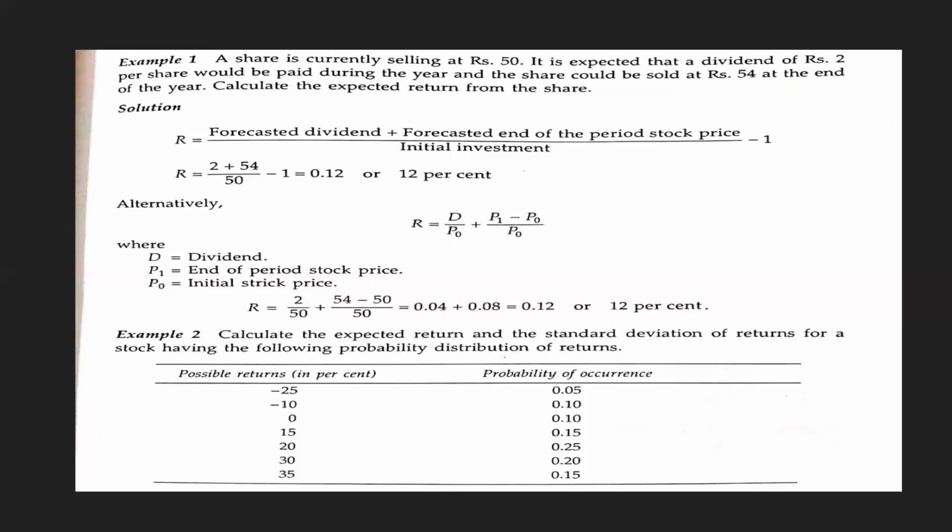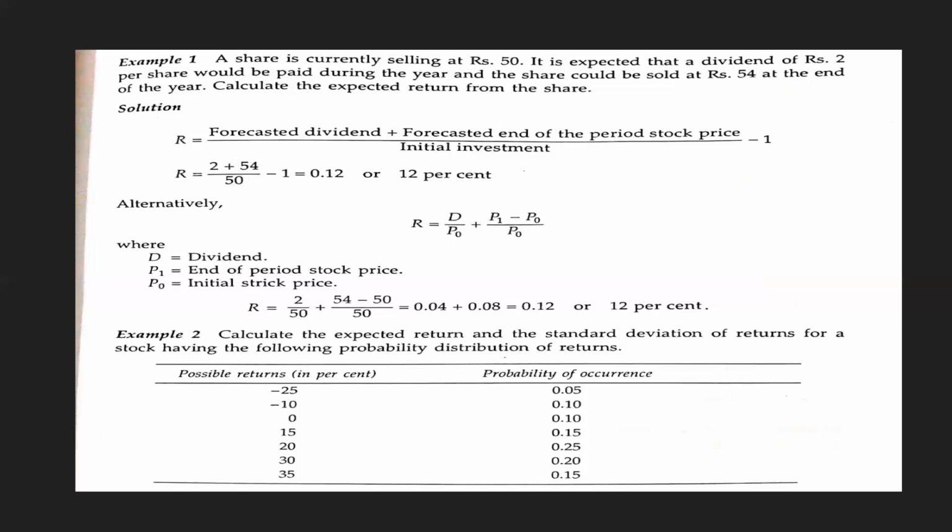So applying both the formulas, we get the same answer for the expected return. That was when the probability was not given. In the question, the probability values were not given. You were only given the dividend, the initial price, and the end of the year price. In that case, the only formulas you can apply are these two.